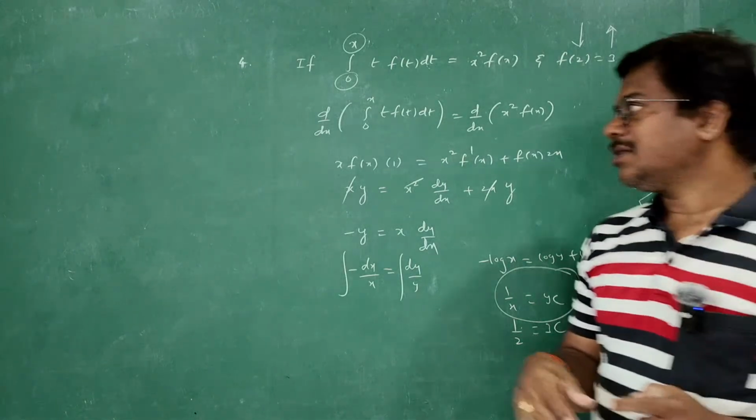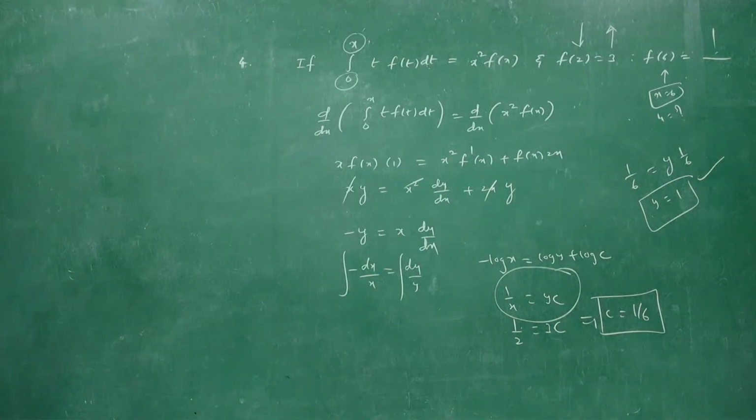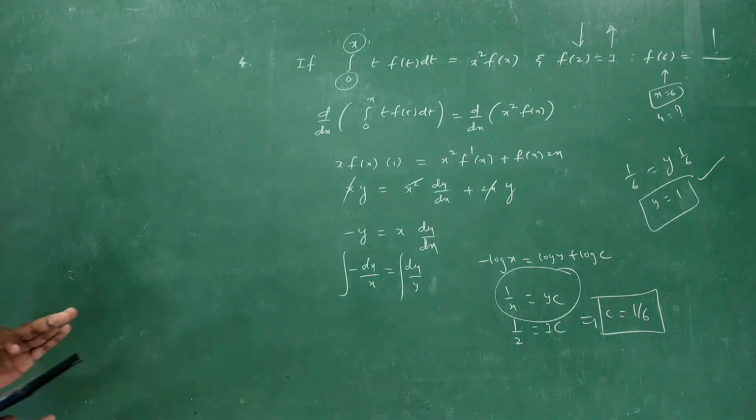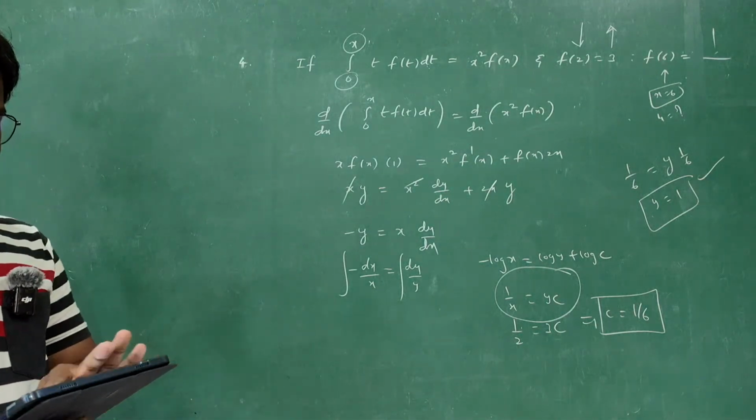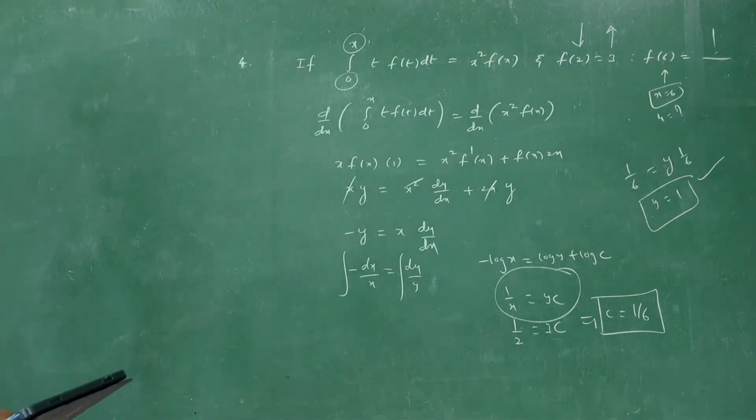This is a question from the definite integrals topic, particularly using the Leibniz rule. Actually this is deleted from the syllabus, but the questions are given. Next question, there is a question from relations.